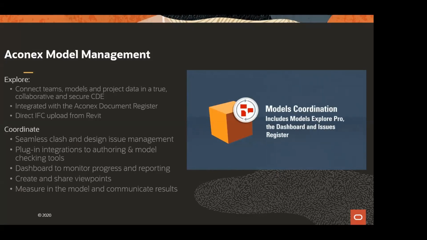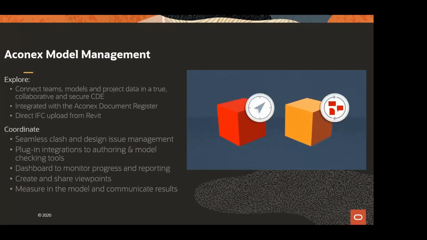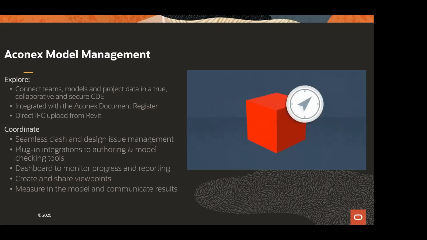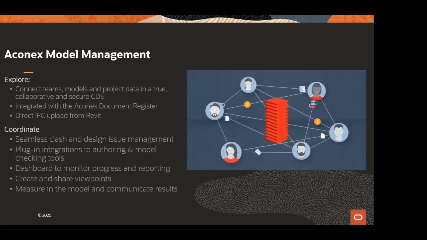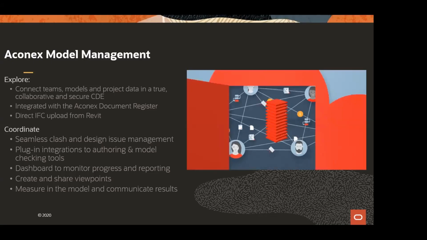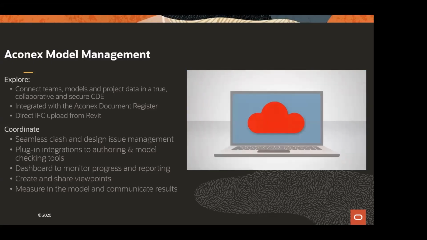Let's say structural, they use Revit, for instance, and then they upload the model onto Aconex so that they can collaborate with the other consultants, let's say mechanical engineers. So we've got those capabilities, and as you can see on the screen, it's designed to help our organizations collaborate better.